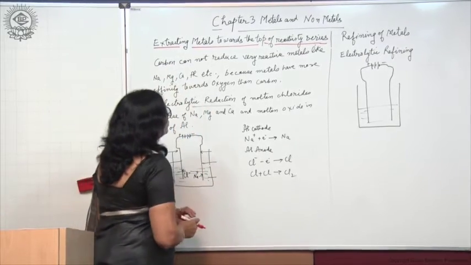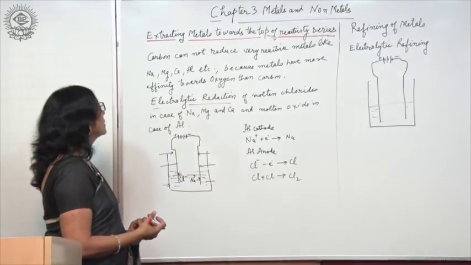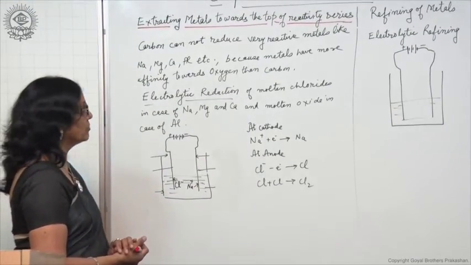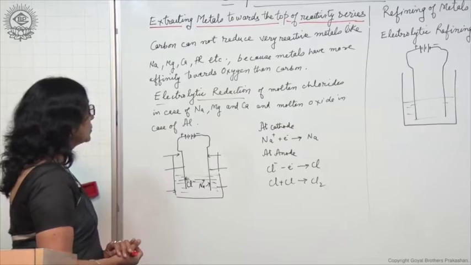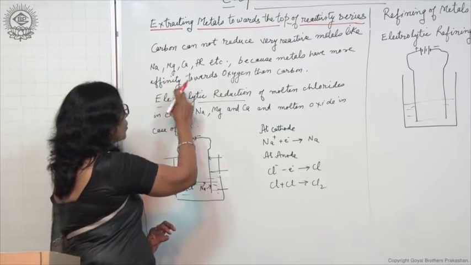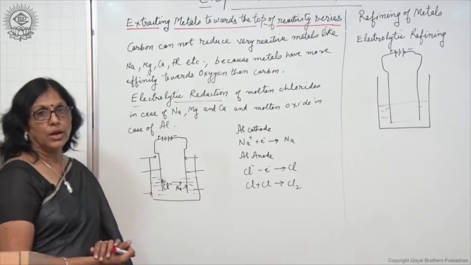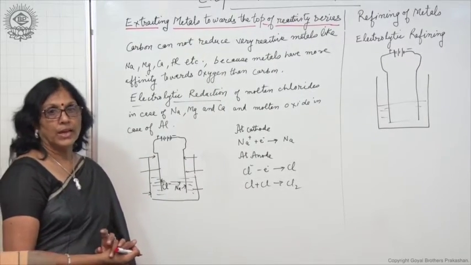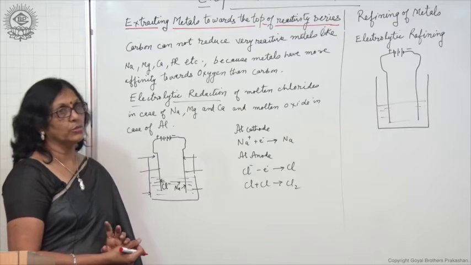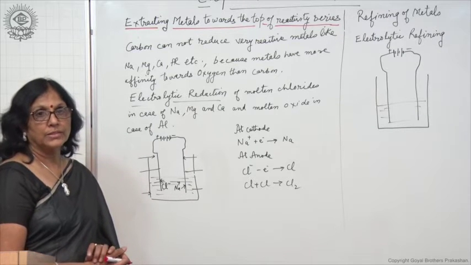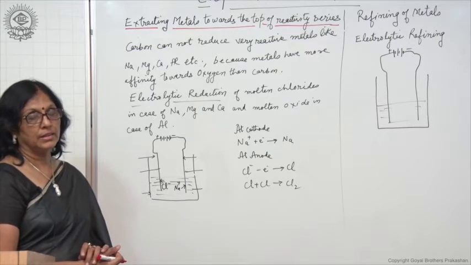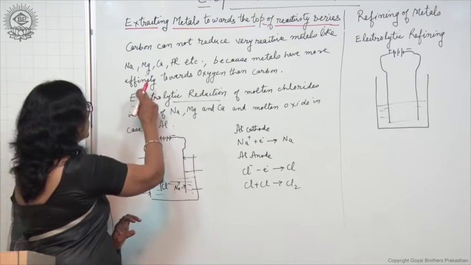Carbon cannot reduce very reactive metals like sodium, magnesium, calcium, aluminium, because metals have more affinity towards oxygen than carbon. As you know, carbon also forms oxides with oxygen, and metals also form oxides with oxygen readily, but metals have more affinity.